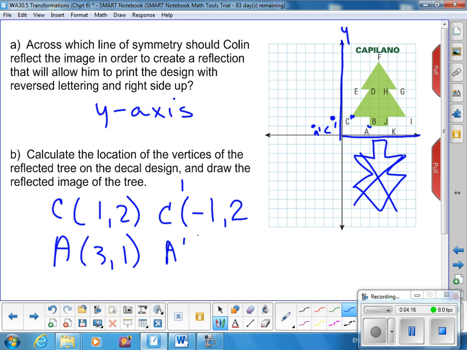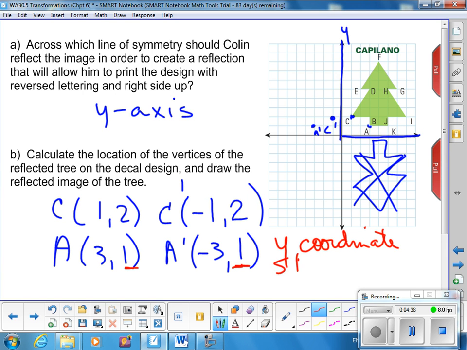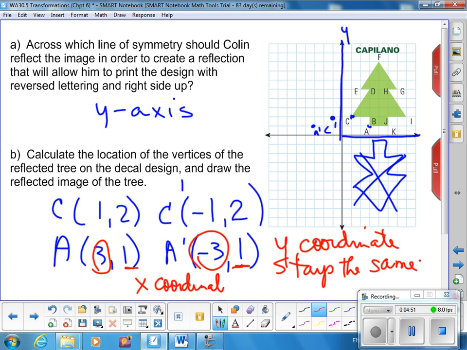So for reflections across the y-axis, you'll notice that the y coordinates stay the same, but the x coordinates become negative. So y stays the same, and the x's become negative.